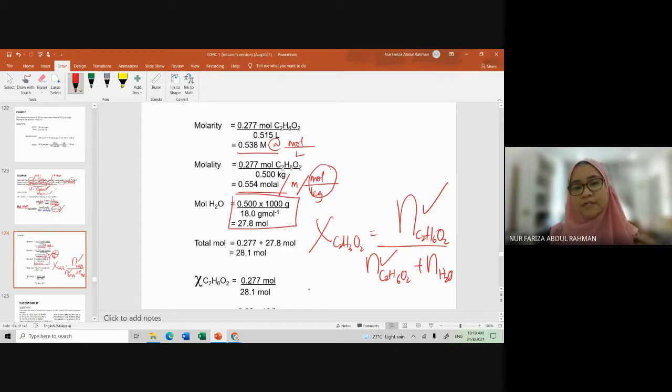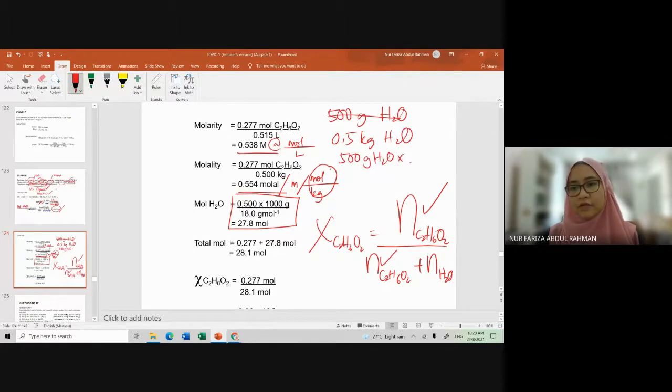Given the mass of H2O is already given, 500 gram. Given is in kilogram, so we can convert right away into gram, so it will be 500 gram.